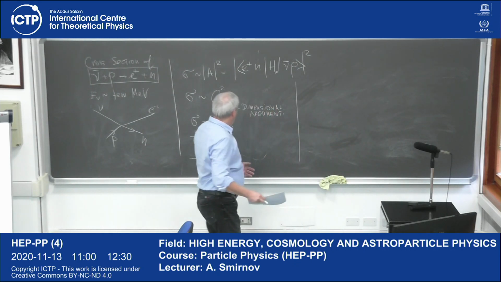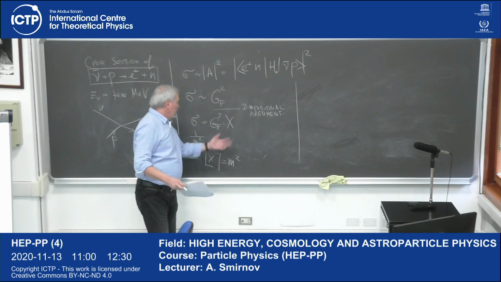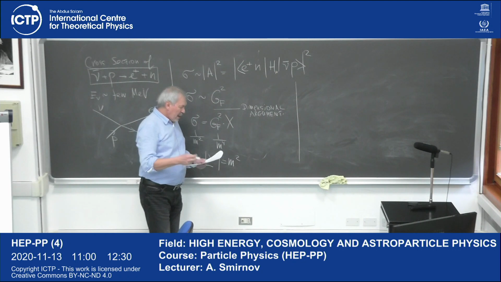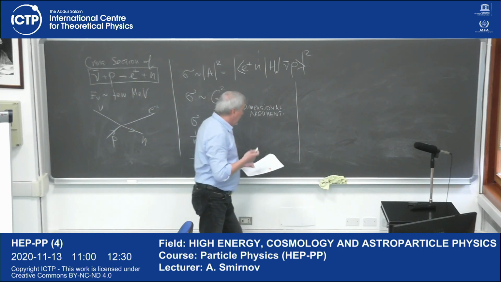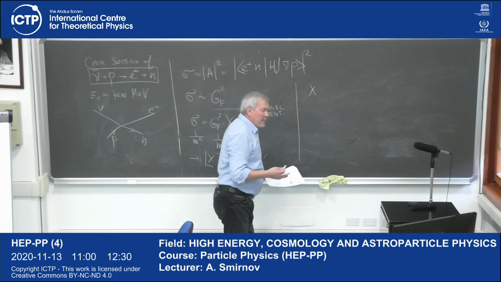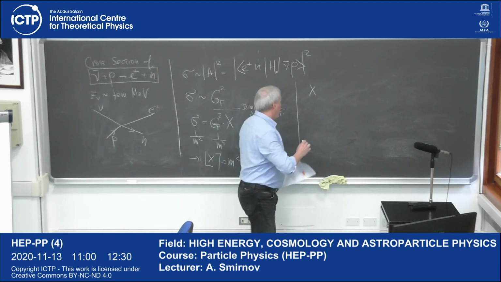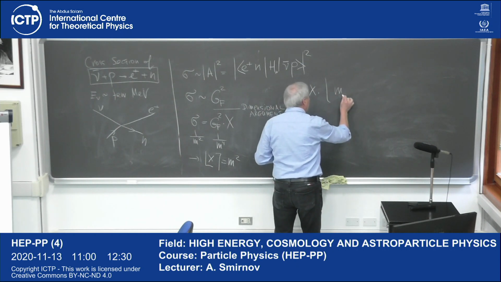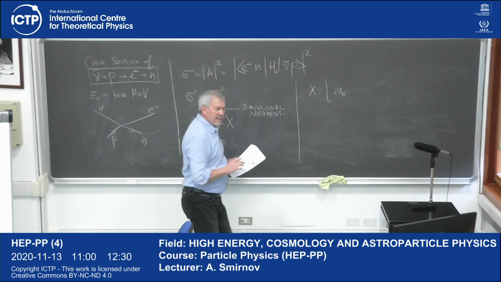Now, which energy should we use here? It should be some energy squared. So what are the parameters in our problem of dimension of energy? We have the mass of the electron, right, in our problem.